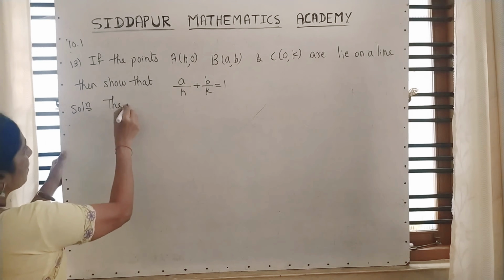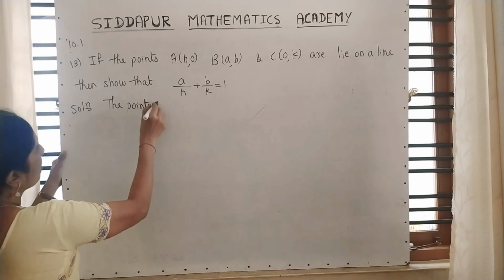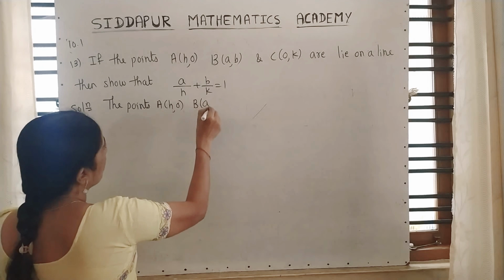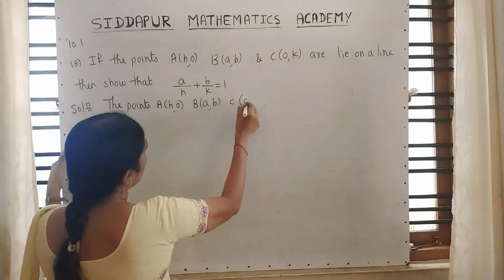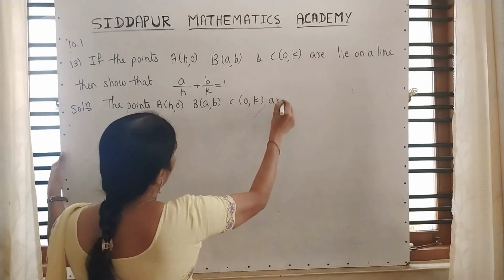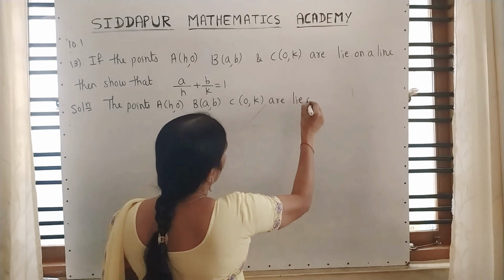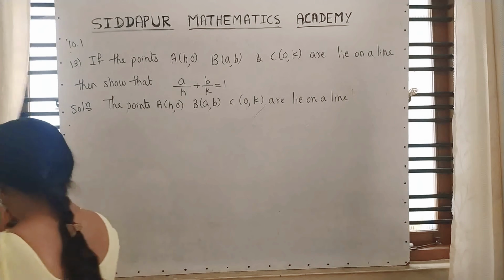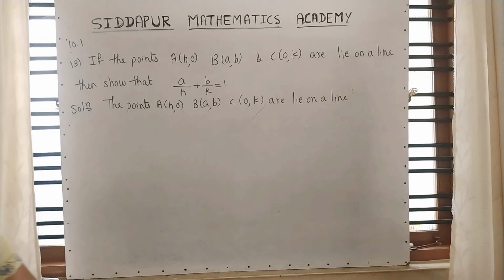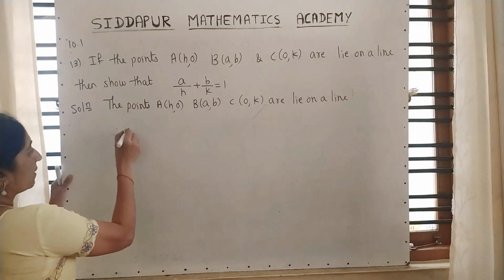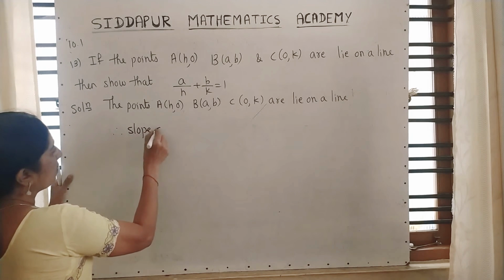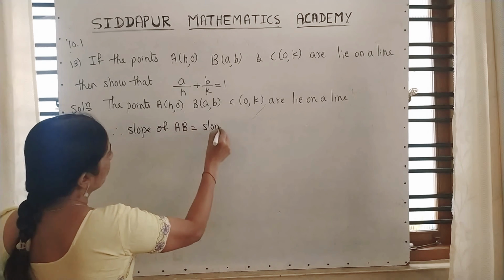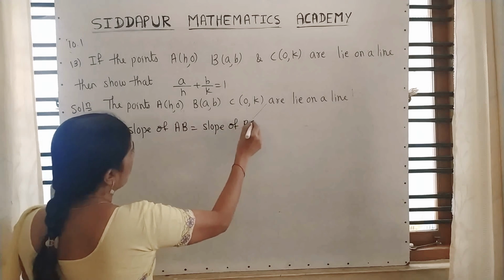The points A (h comma 0), B (a comma b), C (0 comma k) lie on a line. If they lie on the line, their slopes are equal. Therefore, slope of AB is equal to slope of BC.